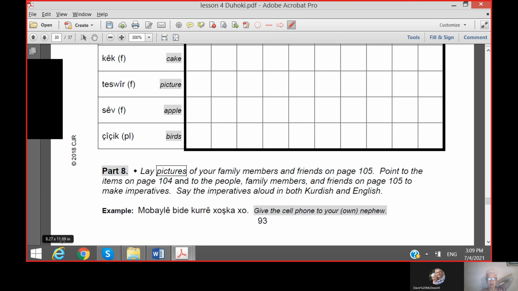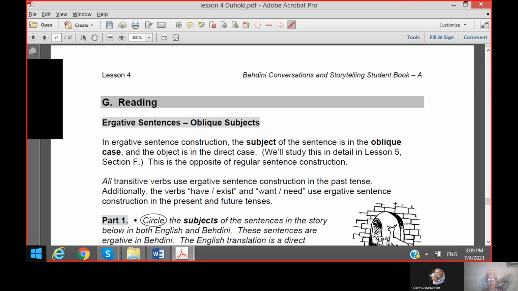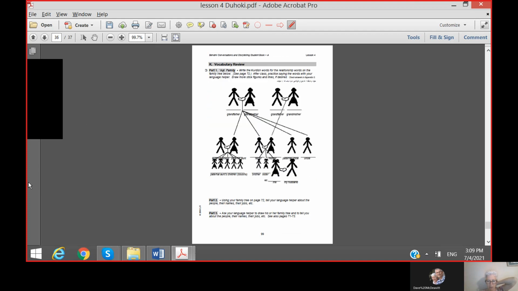At the bottom of page 93, lay pictures of your family members and friends. Page 105. Let's see what that looks like. See if I did that wrong. I mean to say on page 99.